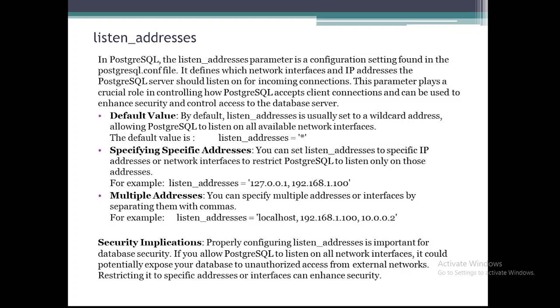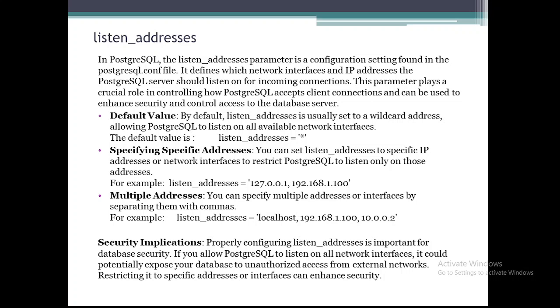In PostgreSQL the listen_addresses parameter is a configuration setting found in the postgresql.conf file. It defines which network interface and IP address the PostgreSQL server should listen on for incoming connections.